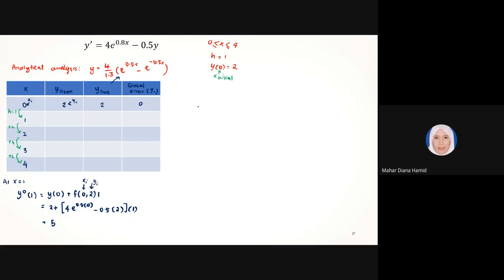And then we are going to get the slope at this initial point.